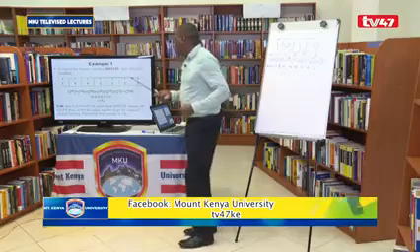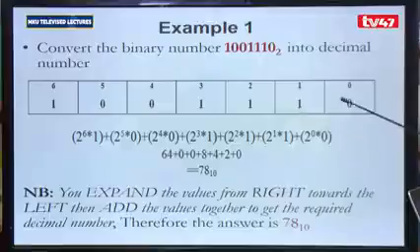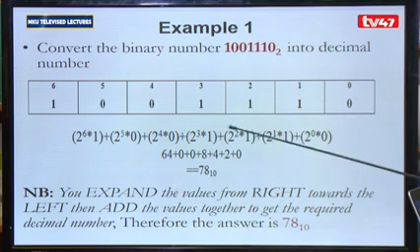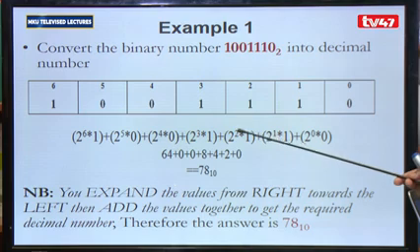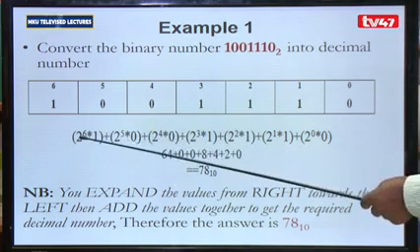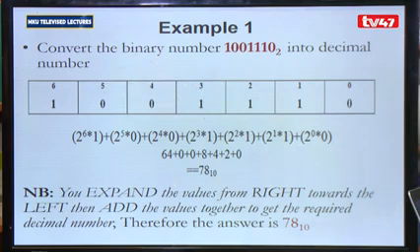So this representation shows the power increasing from the right side towards the left: 2 to power 0, 2 to power 1, 2 to power 2, 2 to power 3, 2 to power 4, 2 to power 5, 2 to power 6, with as many binary digits as you have, then you add them together.